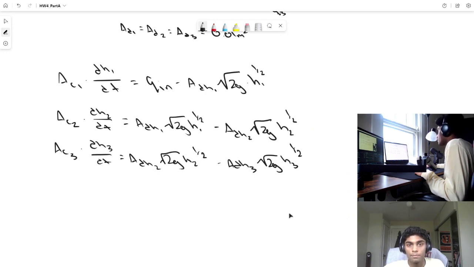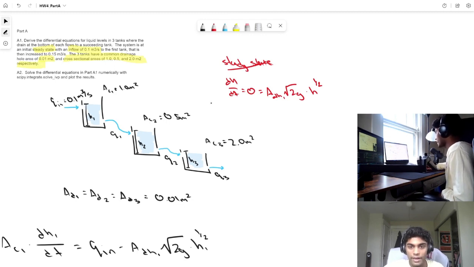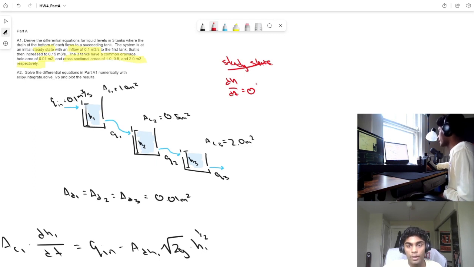I am just now realizing I made a mistake up here, so I'm going to fix that really quickly. It is true that at a steady state, our change in height over time is going to be 0. However, that doesn't necessarily mean that the velocity there is going to equal 0, because that really wouldn't make any sense if nothing is moving.